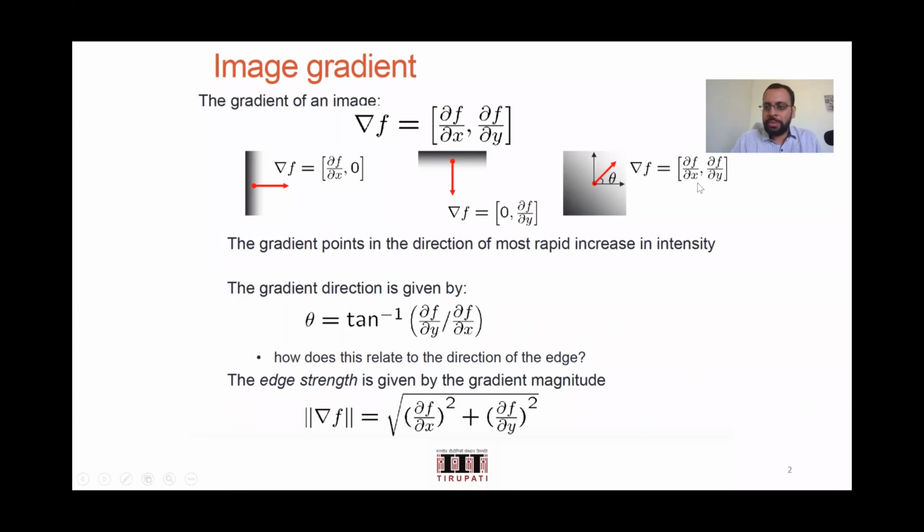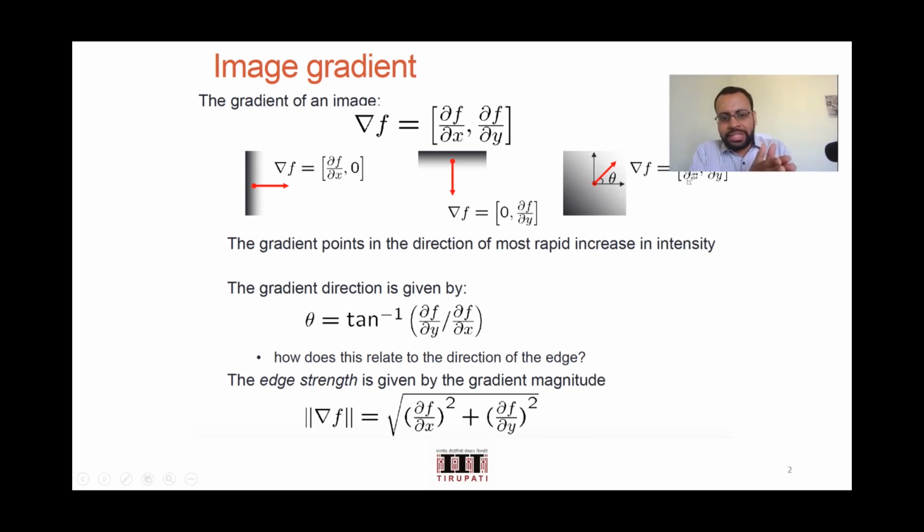Given dou f by dou x and dou f by dou y, we figured out how to compute the gradient direction as well as the magnitude. That's where we stopped in the last class. Any questions before we go on to look at how to compute dou f by dou x and dou f by dou y?